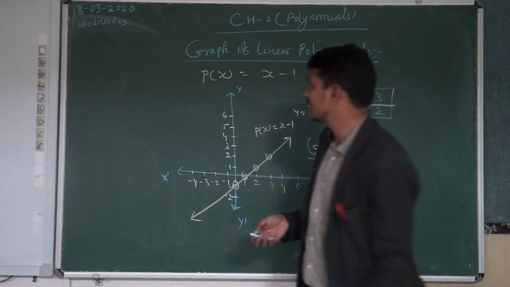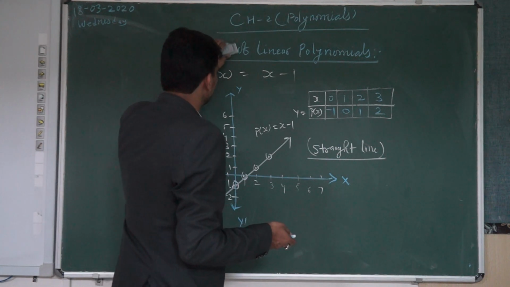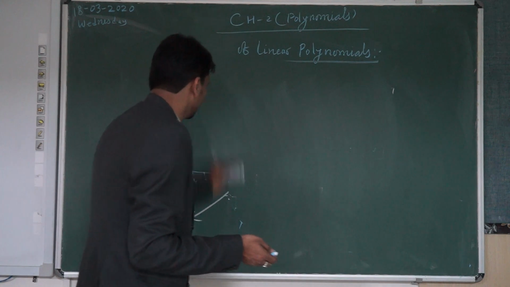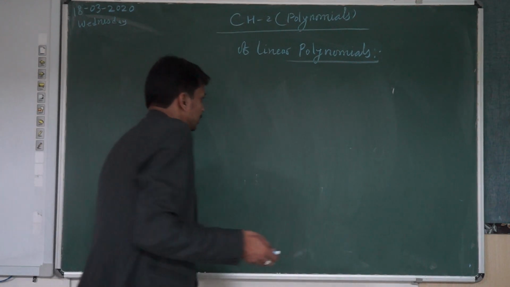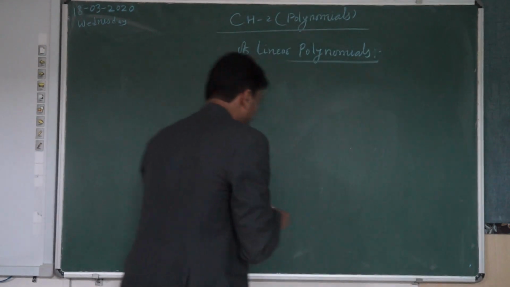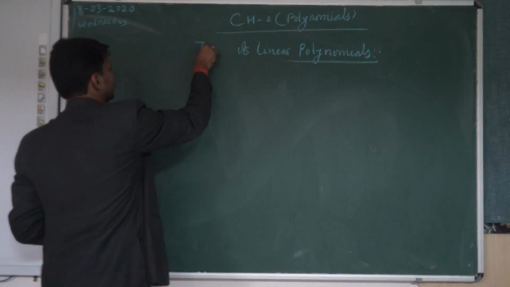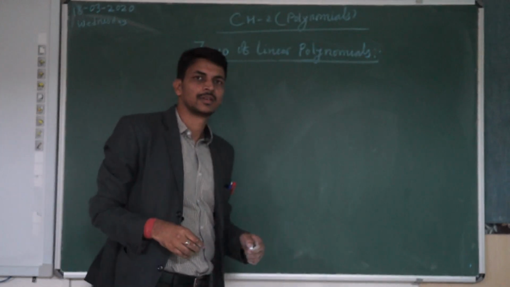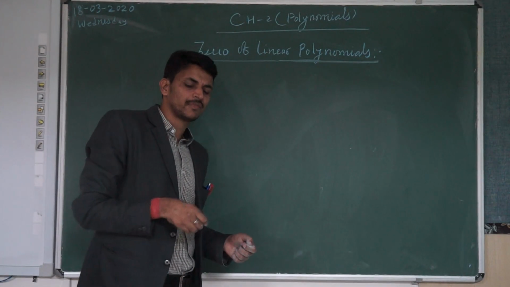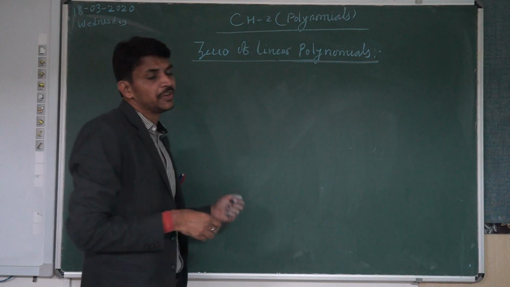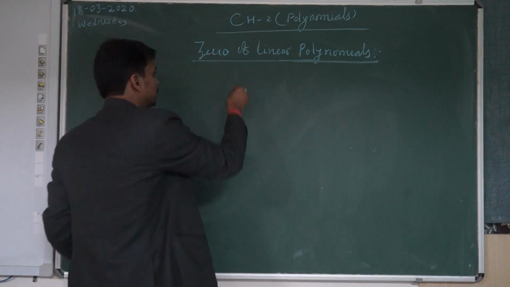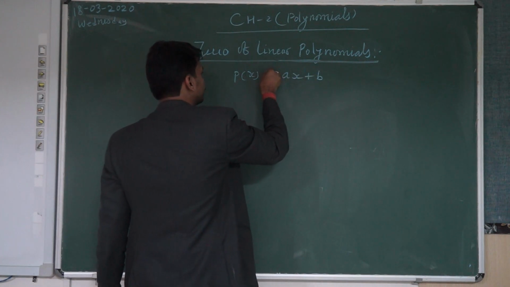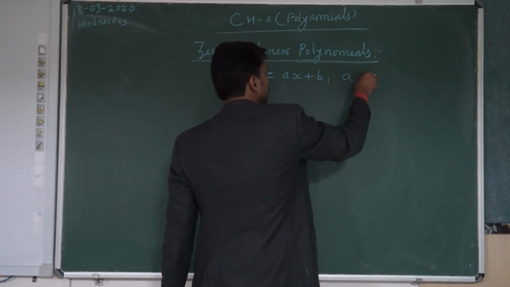So just see the next topic, zero of a linear polynomial. Let us talk about zero of a linear polynomial. As we know, the standard form of a linear polynomial is P(x) equal to ax plus b, where a is not equal to 0.